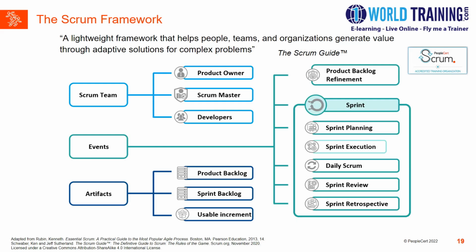There is an underlying rule that not more than 10% of the development team's efforts can be utilized for product backlog refinement. So product backlog refinement is an ongoing event wherein the product owner along with the development team work together to ensure these requirements are refined, further broken down, and worked upon.